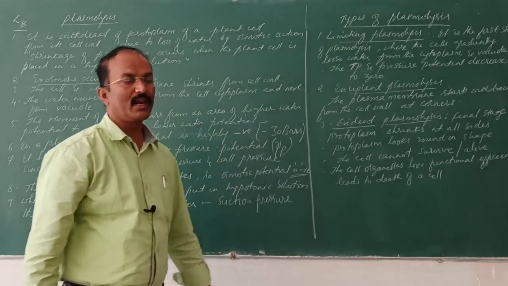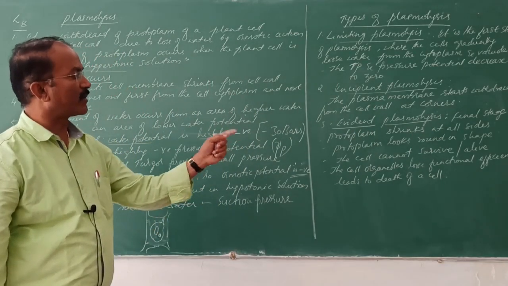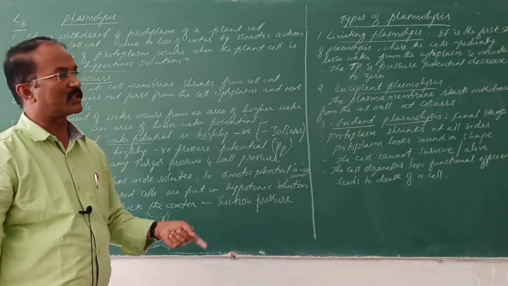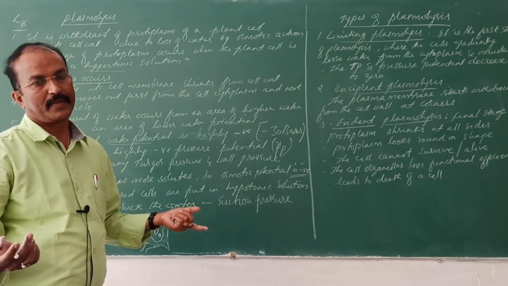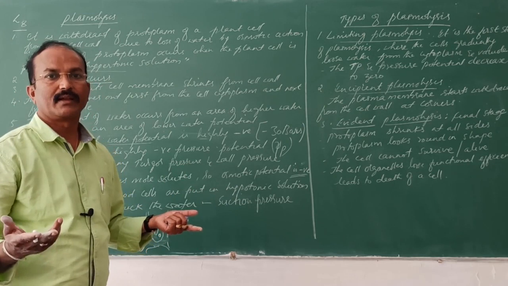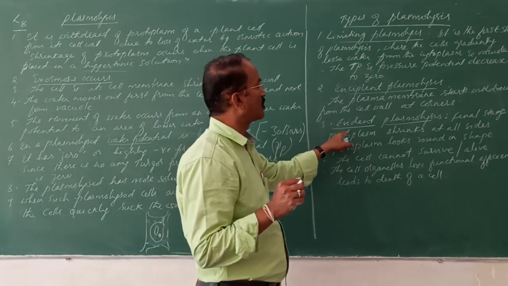Finally the cell will die. So the cell cannot survive or remain alive. The cell organelles lose their functional efficiency in a plasmolysed cell. It may lead to death of the cell. When there is no water, the cell becomes dry, and the cell will die. Okay, that is what we can see if the plasmolysis goes on continuing.